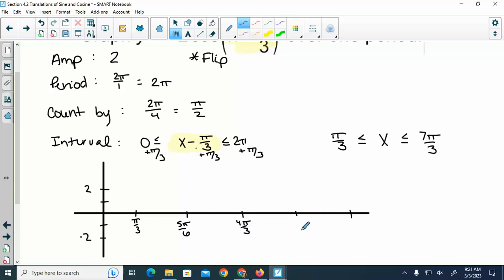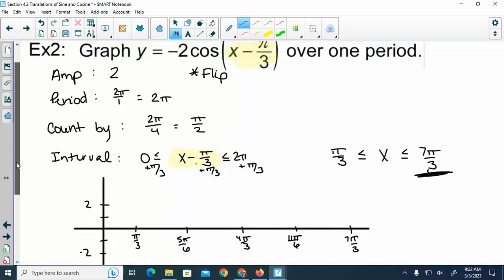Plus 1/2 again, so that would be 11 pi over 6. And plus 1/2 one more time, and that's 7 pi over 3, which is where it should end. That's where my interval ended.